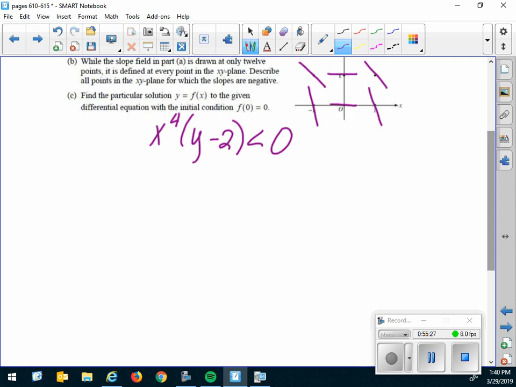Whatever number I put in for x, what's x to the fourth always going to be? Positive. So this is always going to be some positive number times y minus 2.